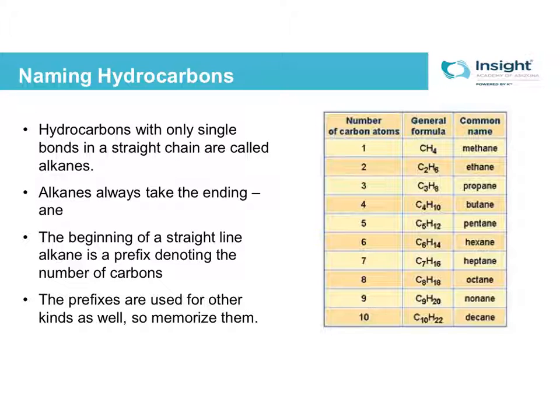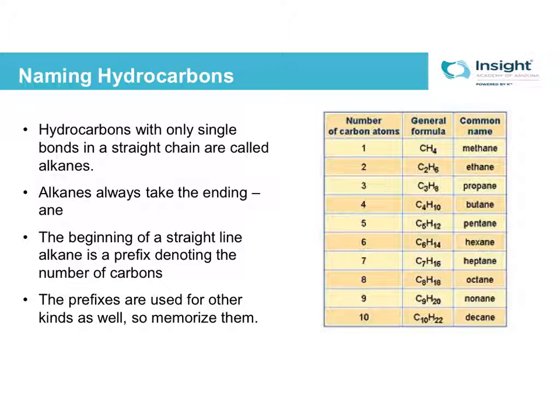So if it has one carbon, it gets a prefix: meth for 1, eth for 2, prop for 3, but for 4, pent for 5, hex for 6, hept for 7, oct for 8, non for 9, and dec for 10.